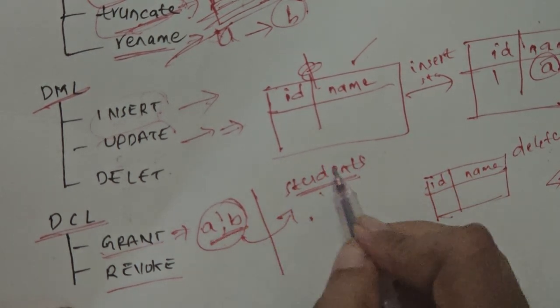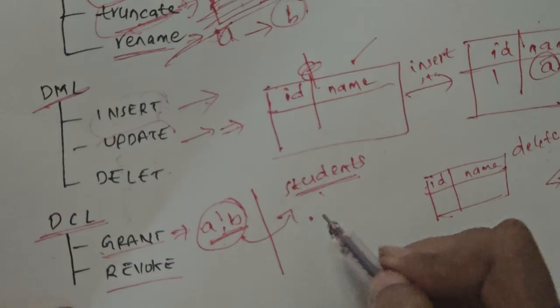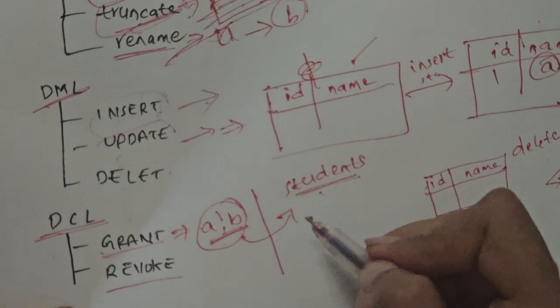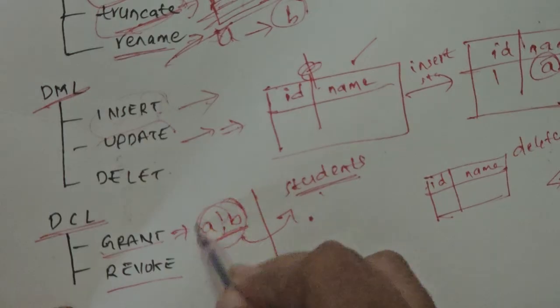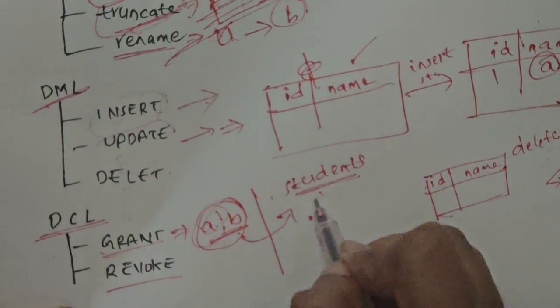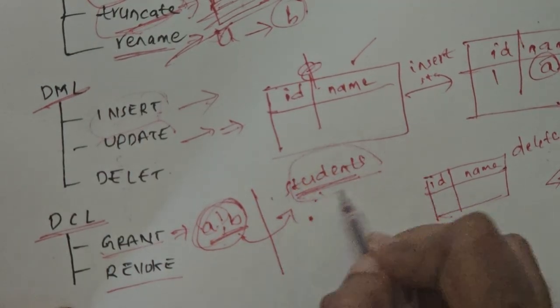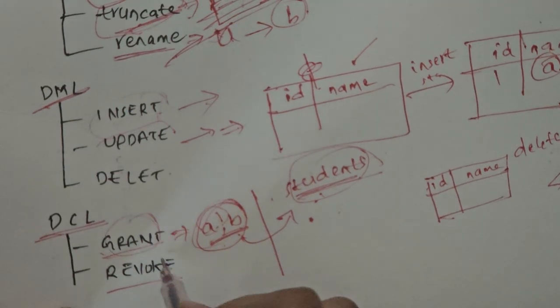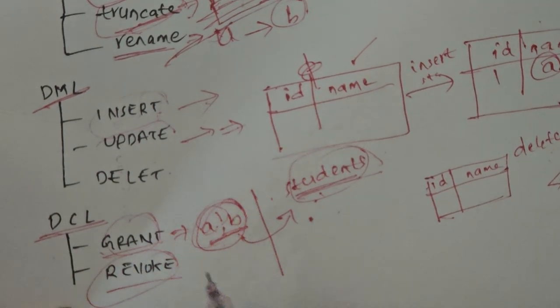Something like grant. I will tell you the syntax in the further videos. For understanding purpose, you can assume that if these two users want to perform any operations on this particular table, they have to have the grant access. Then the revoke operation.